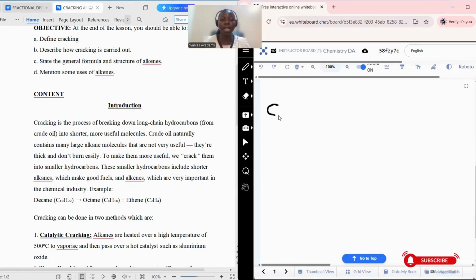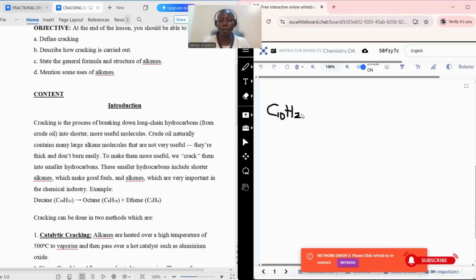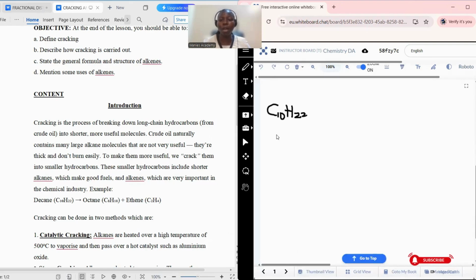decane, which is C10H22. Decane is a long hydrocarbon. It is a long alkane with 10 carbon atoms.